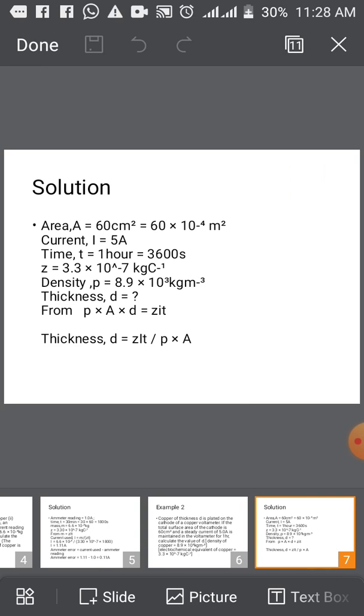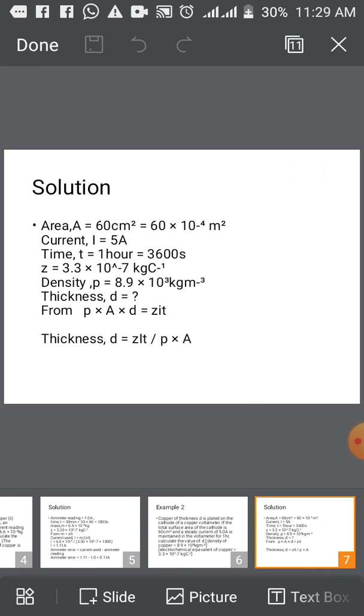Time T is equal to 1 hour multiplied by 60 minutes and 60 seconds to convert it to seconds, being 3,600 seconds. Electrochemical equivalent Z is equal to 3.3 times 10 raised to the power minus 7 kilogram per coulomb. Density rho is equal to 8.9 times 10 raised to the power 3 kilogram per meter cube. Now the thickness D is what we are looking for.